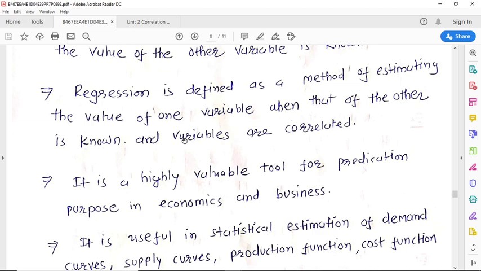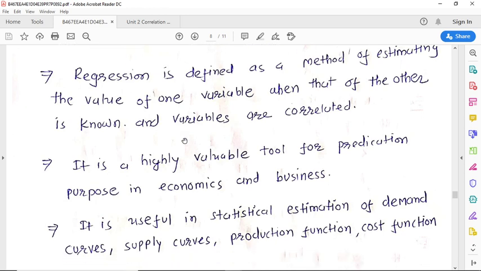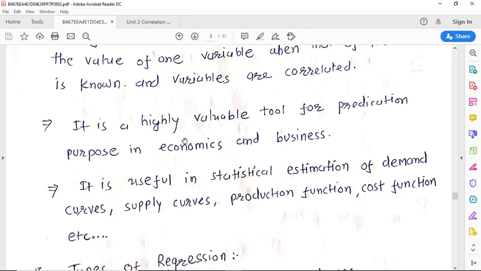In statistical form, it is useful in statistical estimation of demand curves, supply curves, production functions, cost functions, etc. So it is widely used in statistical estimation of demand curves, supply curves, production functions, cost functions, etc. This is an example of where regression is useful.